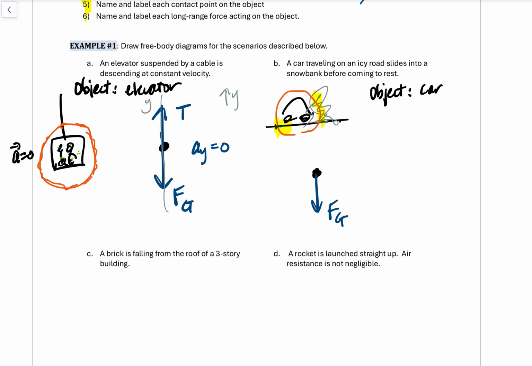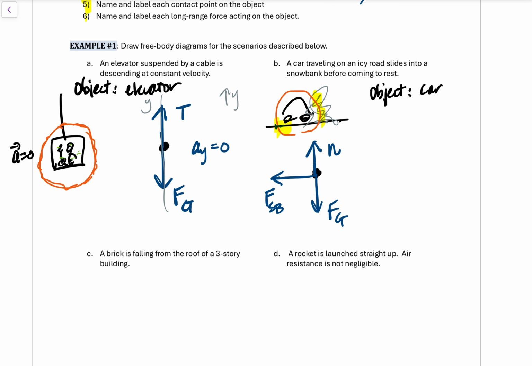So I want to think about the ground. The car is on the ground, which means the ground is exerting a normal force up. When I have a surface, I'm going to have that normal force, so that's N pushing back upward. And then the snowbank, if the car is moving to the right, contacting the snowbank, then the snowbank is going to be pushing back in this direction. I'm just going to call that the force of the snowbank.